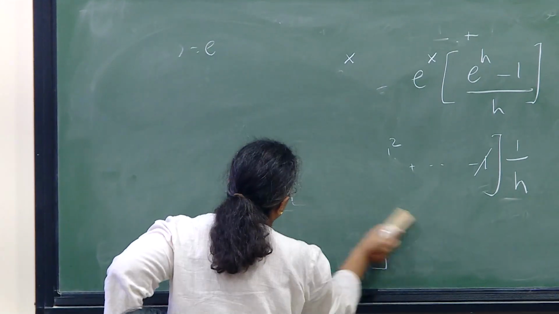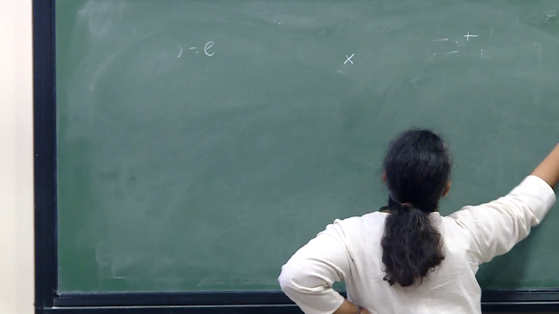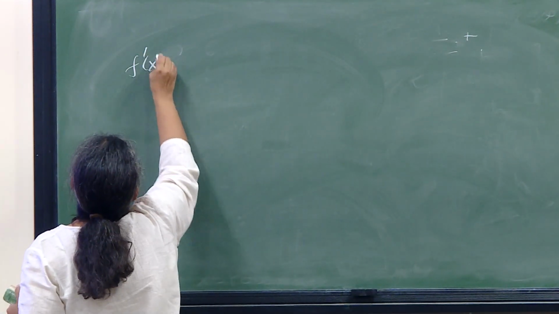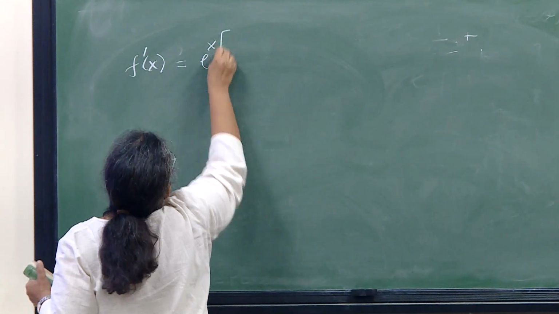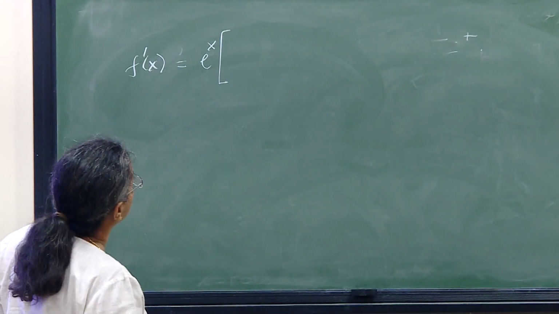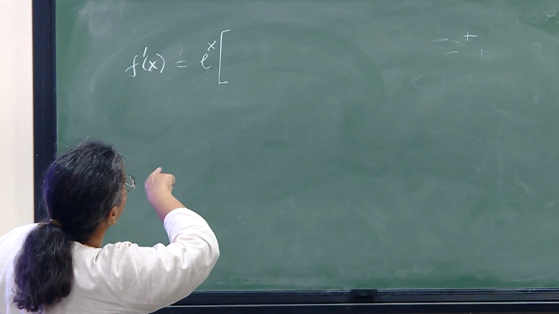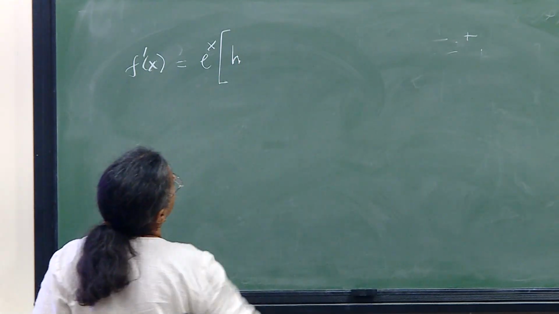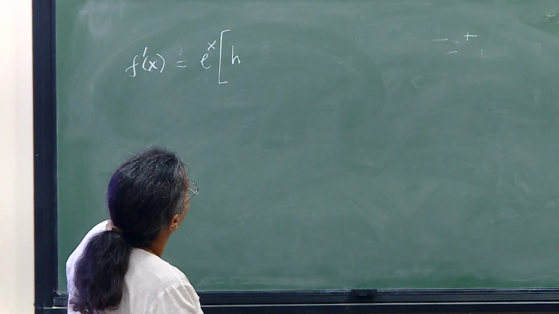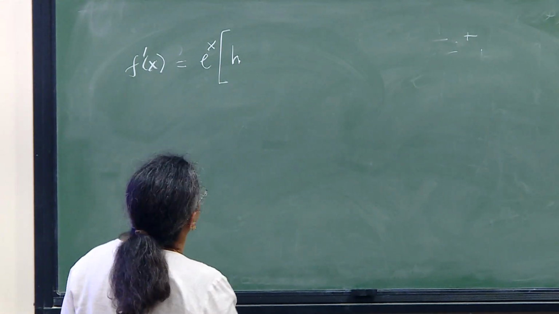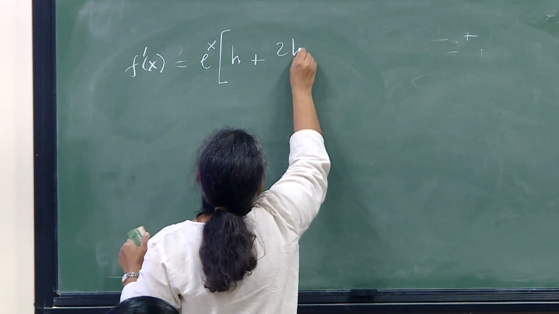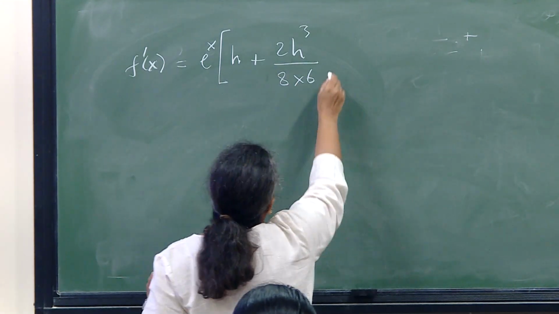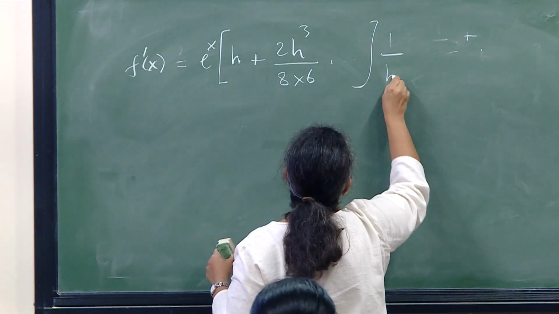So let's write down the answer. If I do central difference, what I am left with is f prime of x is e to the x, I have h by 2 plus h by 2, so that's an h. Then I have 2 times h cube by 8 into 6, plus etc. divided by h.